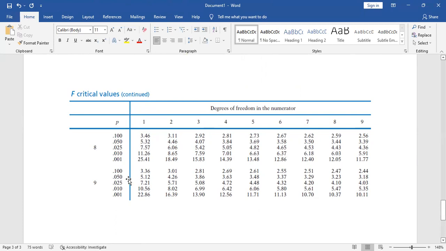So where 9,9 are meeting, let's see if I can use a pencil to just circle something.